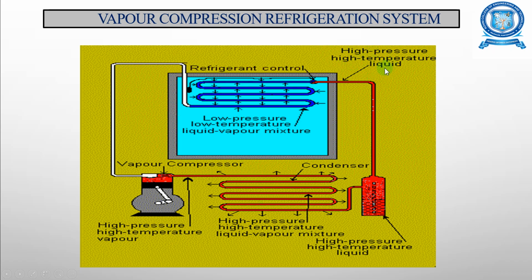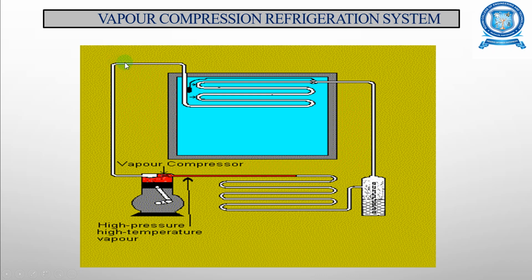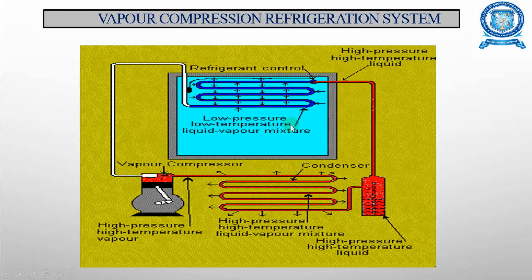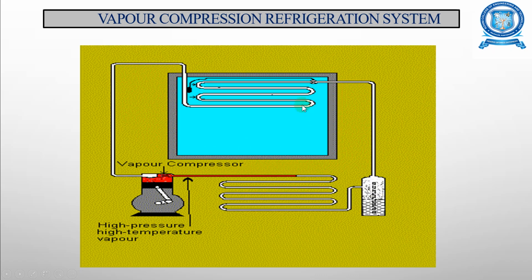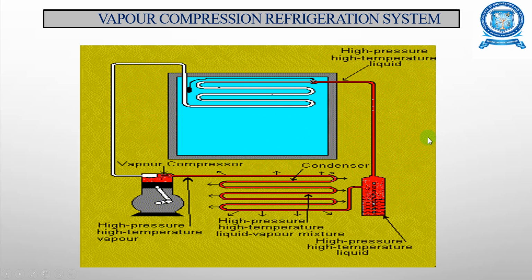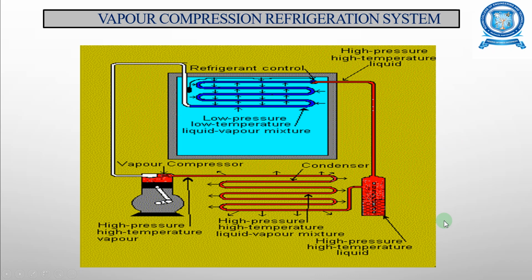You have the high pressure, high temperature liquid here, and the low pressure, low temperature vapor here, and this is the evaporator unit. It's a low pressure, low temperature liquid vapor mixture, and the refrigerant coolant is supplied here. And this is the condenser unit.